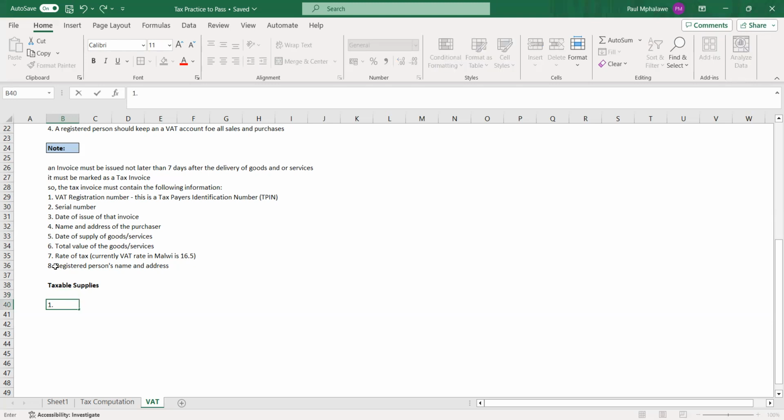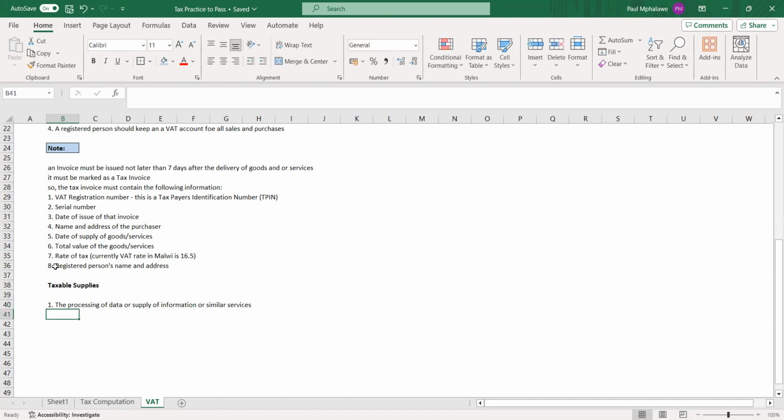Okay, number one. The processing of data or supply of information or similar service.